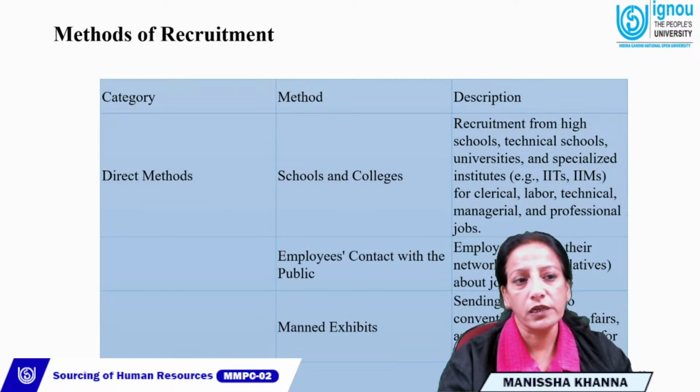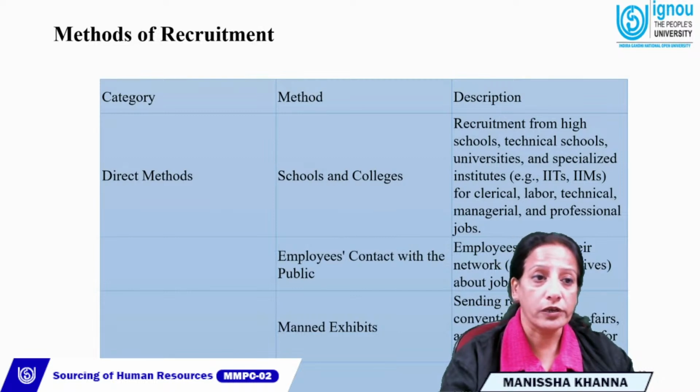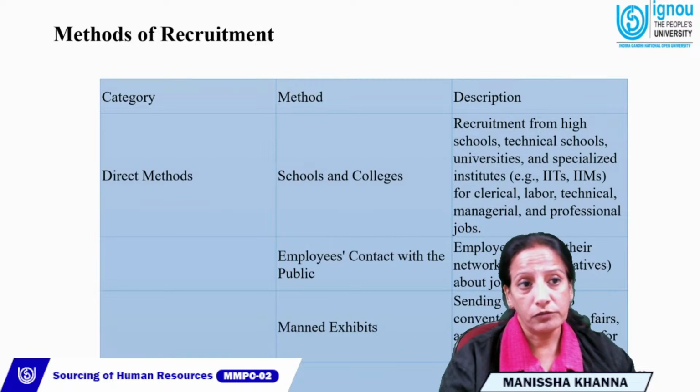So that is direct method where there is no mediator in between. Then there are employee contacts with the public. Employees inform their network, within the company, or maybe within the organization. That is also called referral methods.